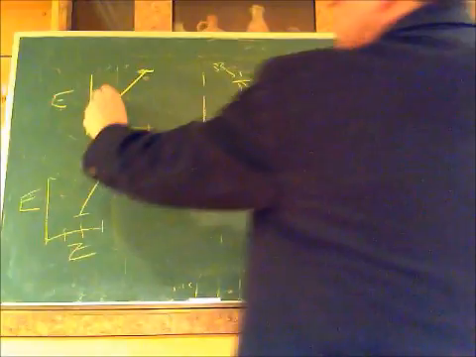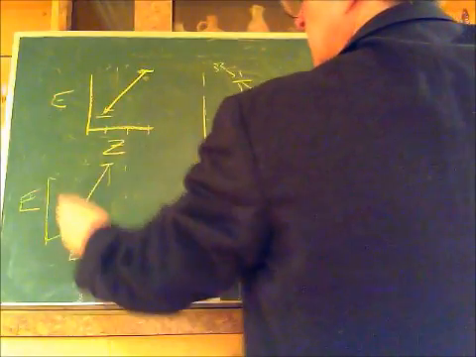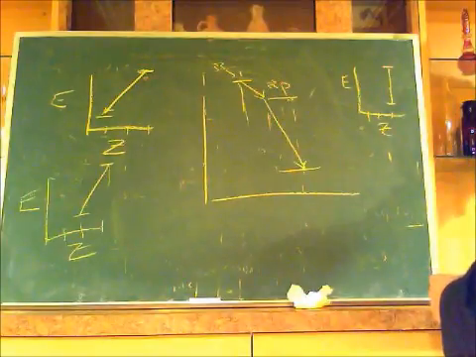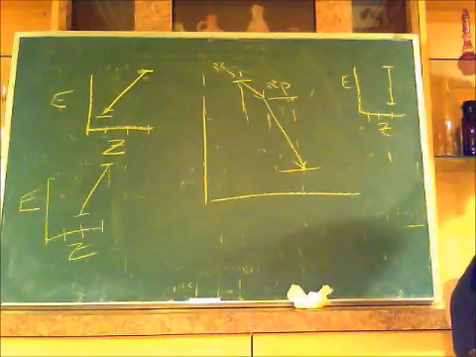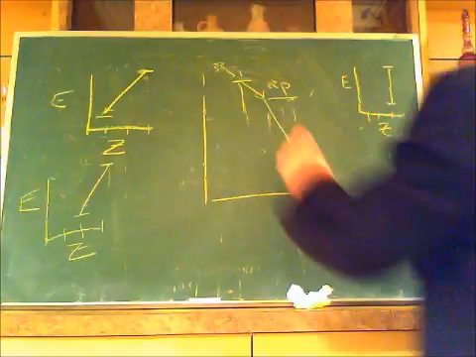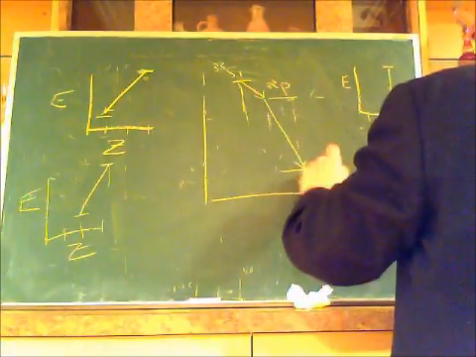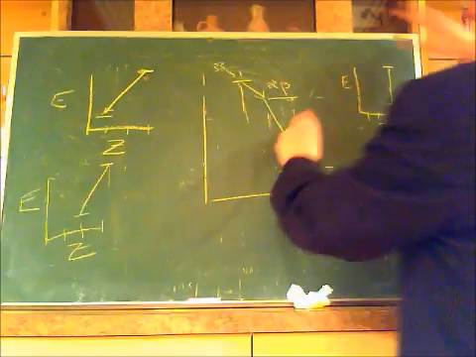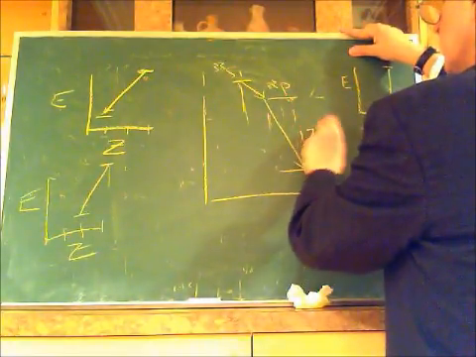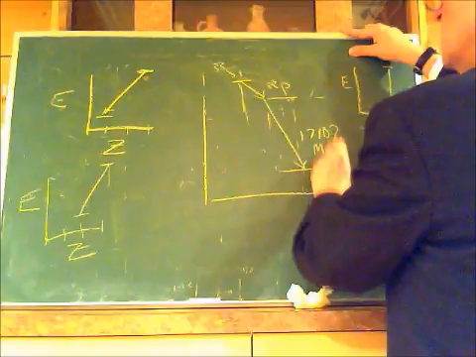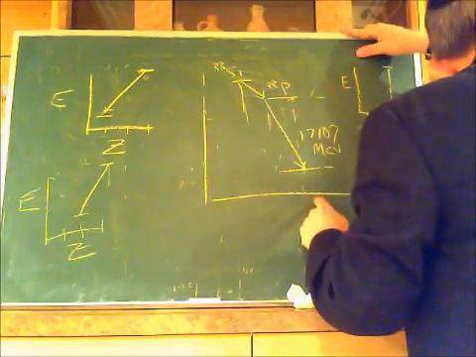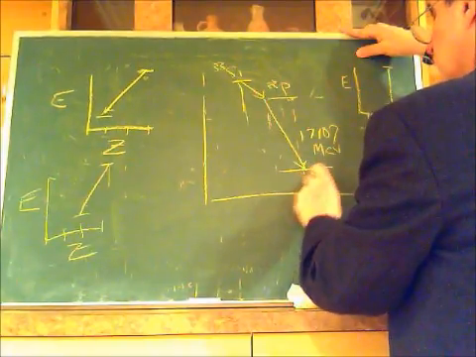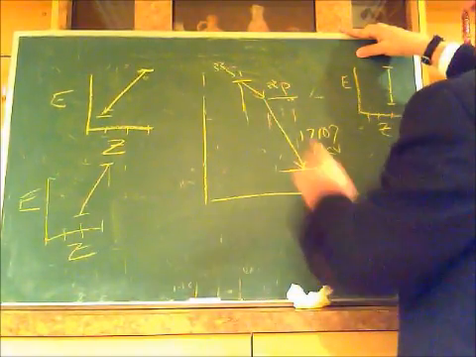I didn't show arrows on these other ones, but there are actually arrows showing which way these things are going. In this particular case, it's showing you that the decay from phosphorus down to sulfur 32 represents 1.7107 million electron volts. This is sulfur 32, the stable sulfur.